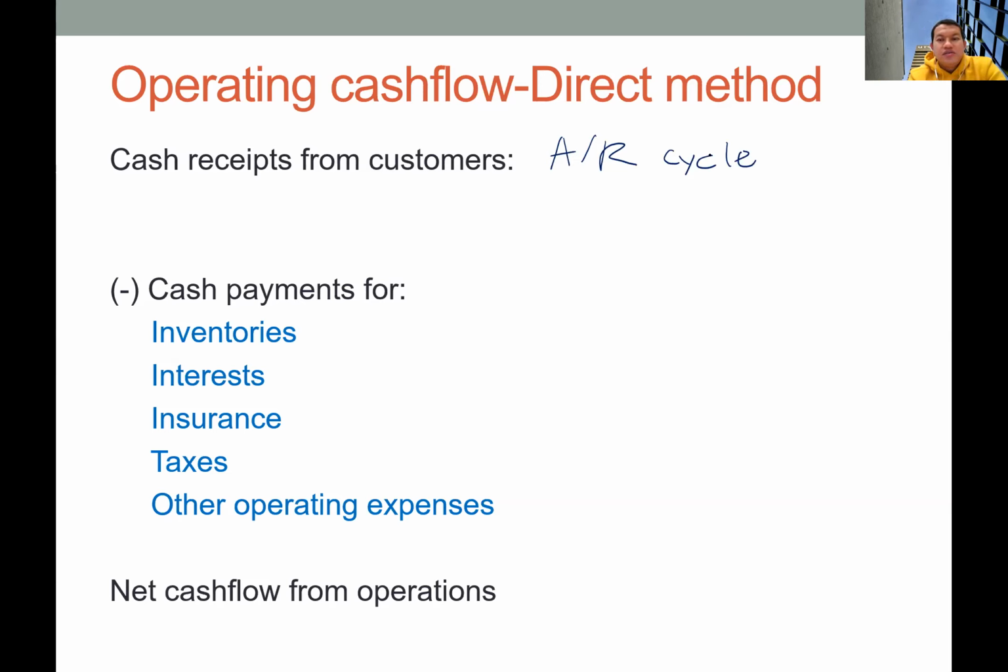The account receivable cycle basically explains that the ending account receivable is equal to the beginning account receivable plus sales, assuming that all sales are done on credit, minus the cash collection. So minus the cash collection, we get the ending account receivable.